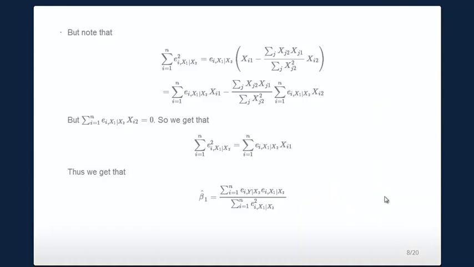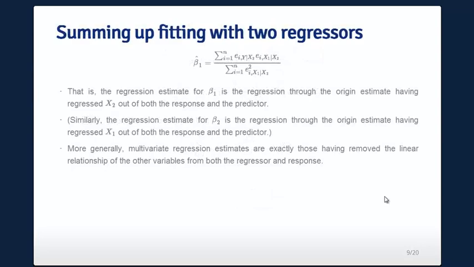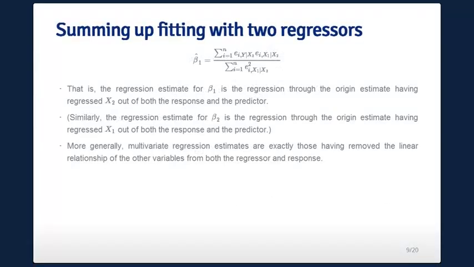Okay, so let's summarize that. Summing up fitting with two regressors: when we have two regressors, the regression estimate for the slope of the first regressor is exactly the regression through the origin estimate, where we've regressed the second regressor, x2, out of y, and we regressed the second regressor out of x1.